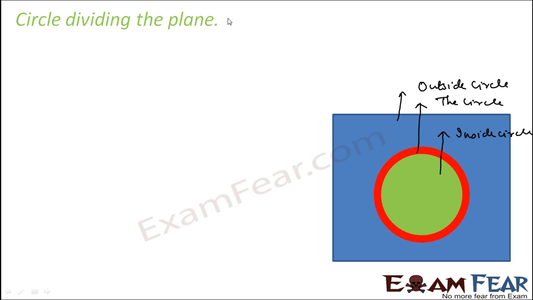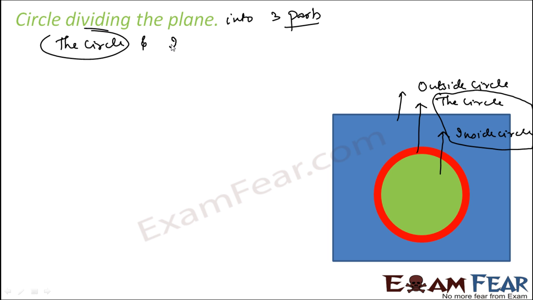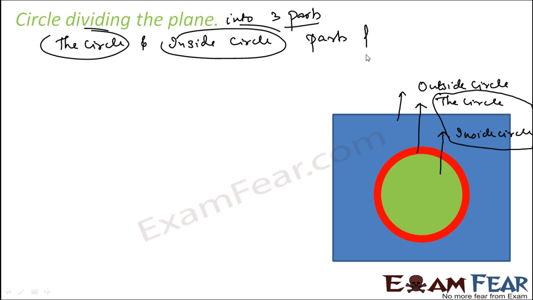Circle divides the plane into 3 parts: one is outside the circle, and one is inside the circle. These 2 parts, the circle and the inside of the circle, the red and green, form the circular region.